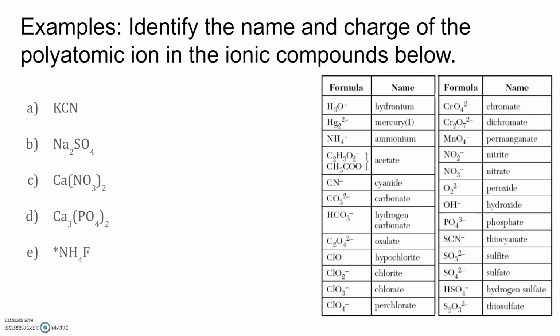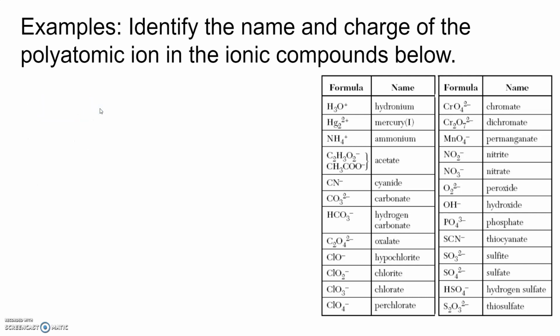So in these examples, you're asked to identify the name and the charge of the polyatomic ion in the ionic compounds. So if you look at this polyatomic ion table, you will see you have the formula on the left and then its name on the right. So looking at each of these compounds, what you have to do is identify what part is your polyatomic, so you know what part you're focusing on. So for example, in KCN, what part of this is your polyatomic?